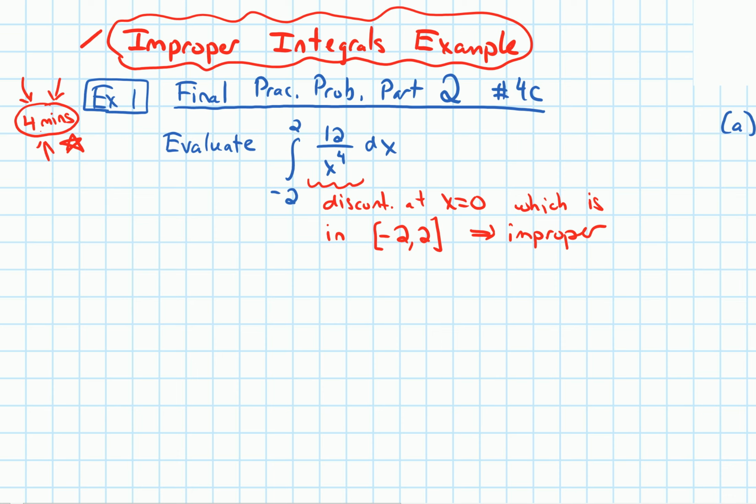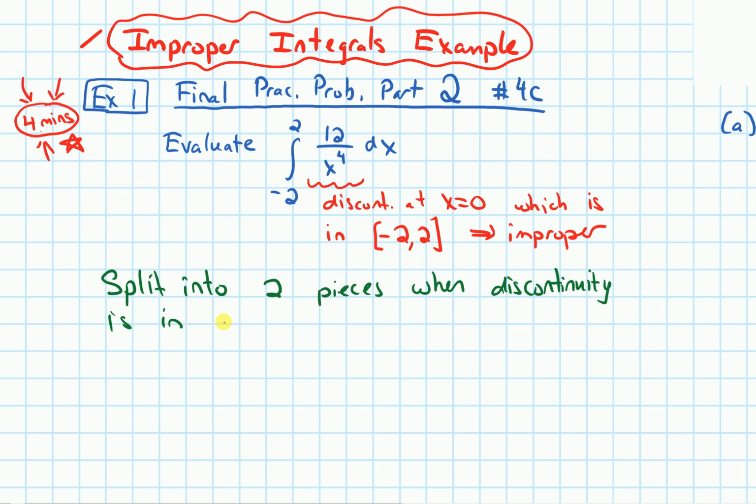As we saw on the last video, when we reviewed these, when our improper integral is discontinuous somewhere in the middle of the interval, we need to split our integral into 2 pieces.